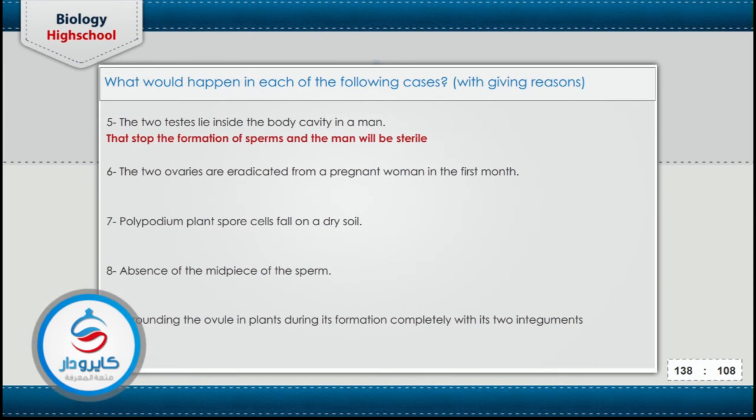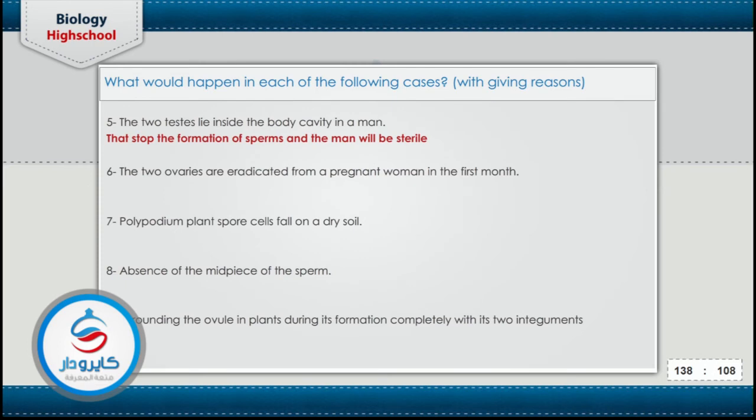The next point: the two ovaries are eradicated from a pregnant woman in the first months. Pregnant woman in the first three months, so I need the corpus luteum inside the ovaries. But if I do eradication, removing or destroying the two ovaries, that means the absence or removal of the corpus luteum.